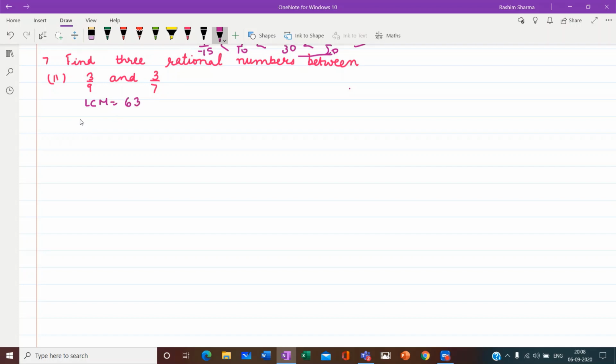Alright. Now when we change the denominator to 63, we need to multiply it with 7 and here into 7. So we get here 21 on 63. Same way, when we change the denominator of 3 on 7 to 63, we need to multiply it by 9. So we get here 27 on 63.